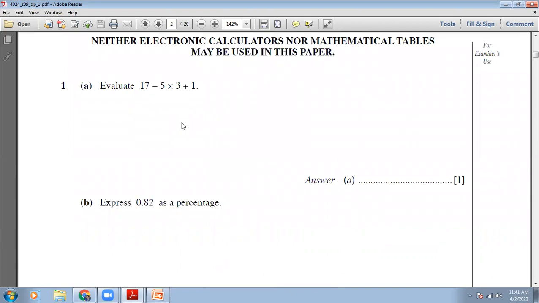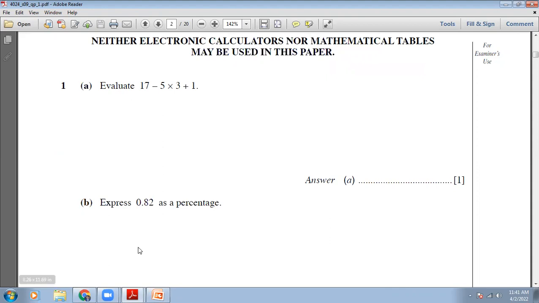The first question, he says, evaluate 17 minus 5 multiply 3 plus 1. Here you have to use BODMAS. Which operation should be done first? We always do the multiplication first. If you have addition, subtraction, and multiplication, the first thing to perform is multiplication.